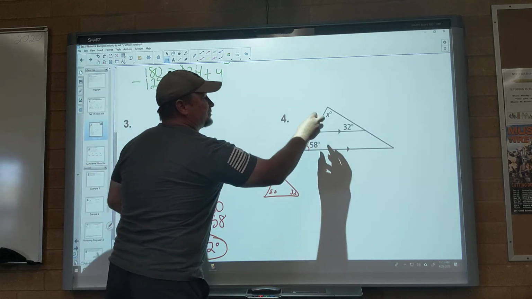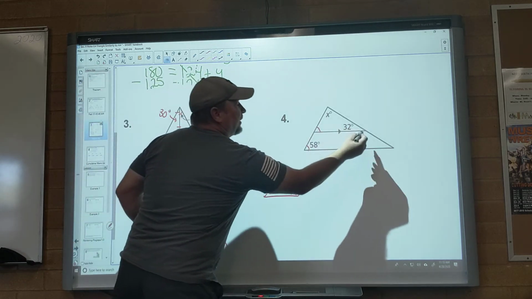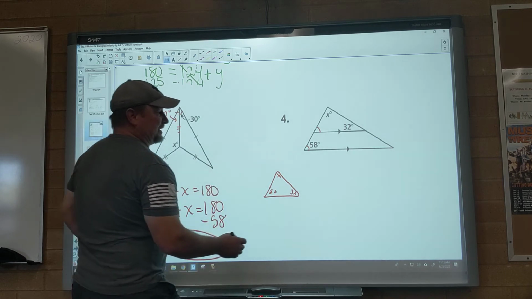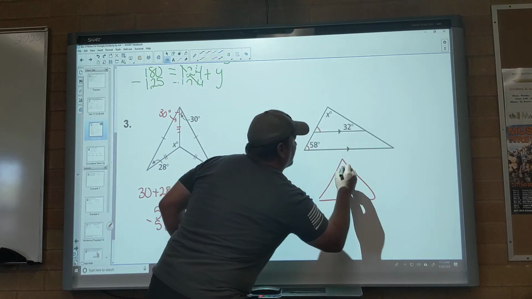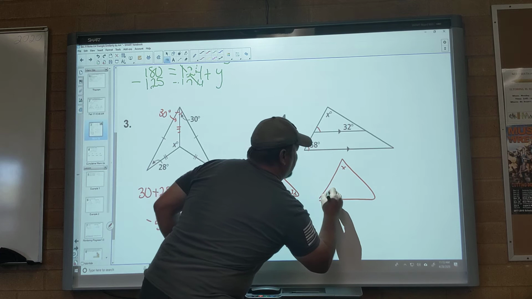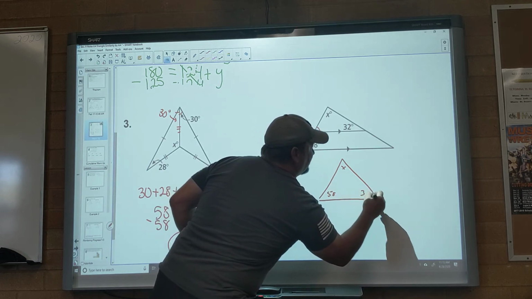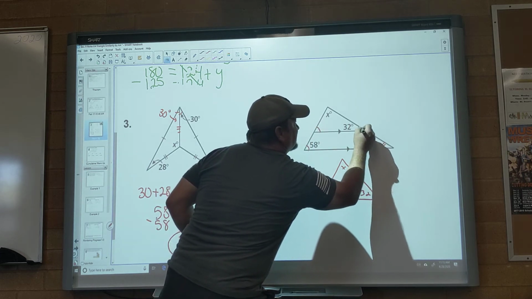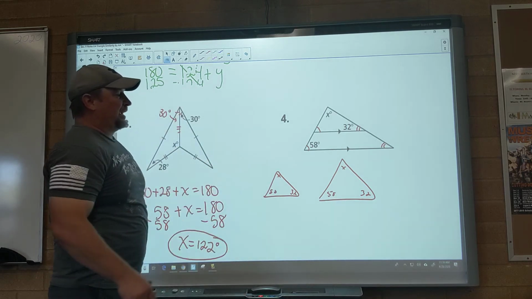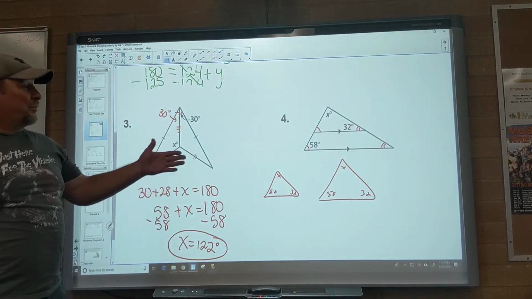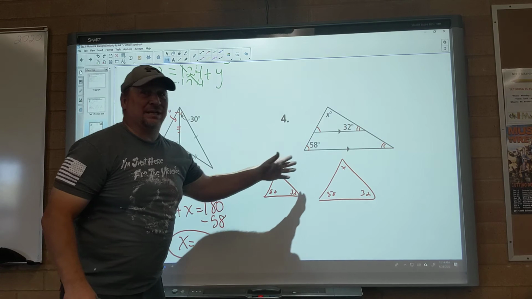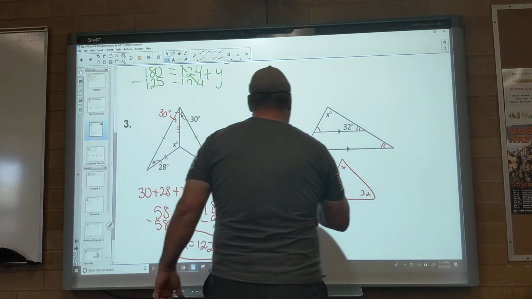If I were to pick up this one and set it down there, because of the parallel marks, they're exactly the same. So then here's the big one, X, 58, and 32, because this one matches this one. So by angle, we've got similar triangles, but we also have congruent angles now between our 58 and our 32.